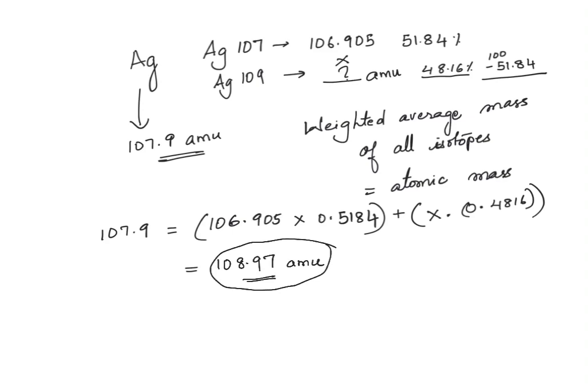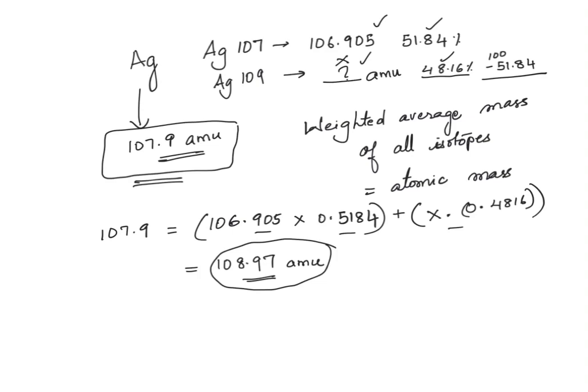Sometimes though, you might also come across a situation where you will not be given the element. They might just simply say element X or Y or something. You will be given all these four numbers, in which case you should just simply do a weighted average and calculate the atomic mass of the element.